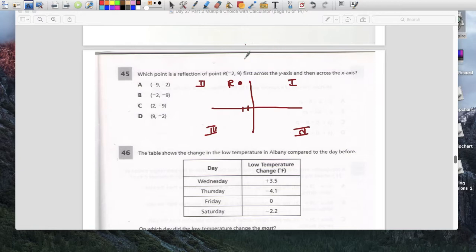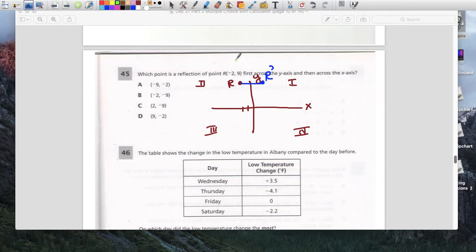We're going to reflect this over the y-axis. So let me put X here and Y. Reflection over the y-axis, we're going to go from here, and it's going to go here. Remember a mirror? So on the other side of the y-axis, the same distance. Now that's called R prime. Then we're going to take that R prime and reflect it over the x-axis.